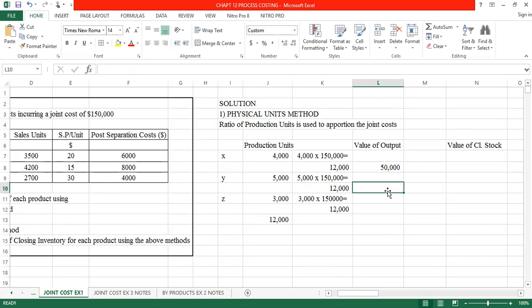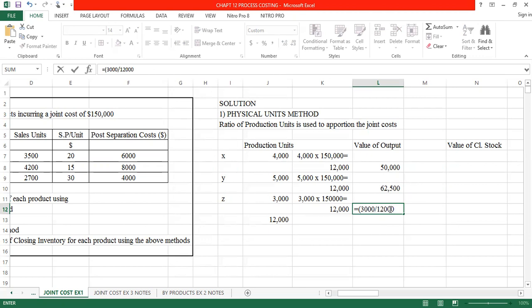So you get 50,000 as your answer. This one will give you 5,000 over 12,000 times 150,000. You get 62,500. And this one will give you 3,000 over 12,000 times 150,000. So what do you get? 37,500. So those are the values of output.